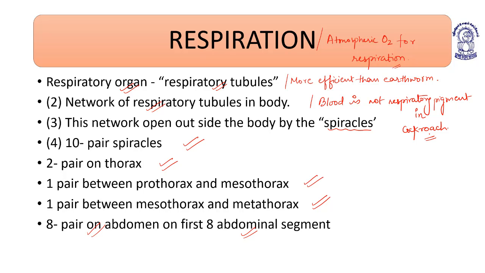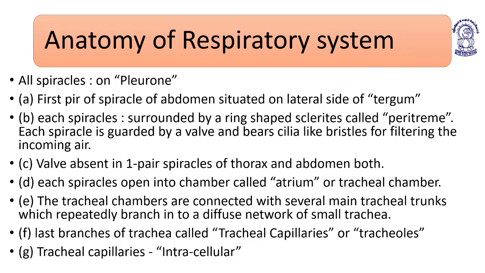Anatomy of the respiratory system: internally it mainly consists of spiracles, trachea and tracheoles. So there are three main parts: trachea, spiracles, and then the tracheoles.